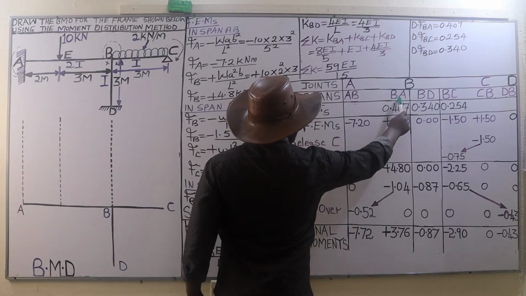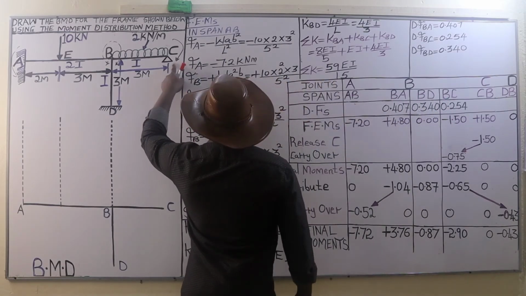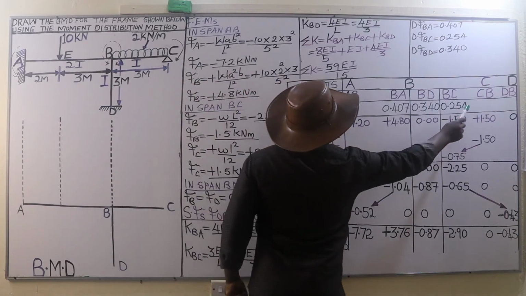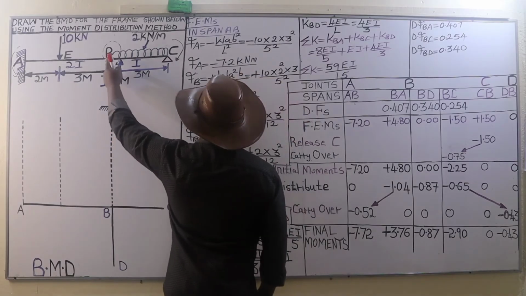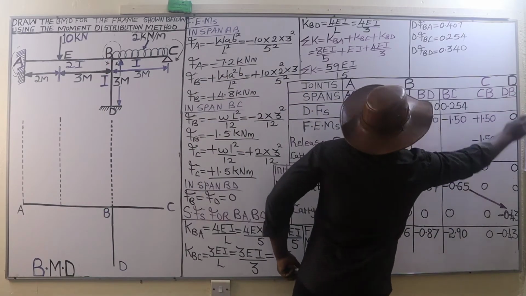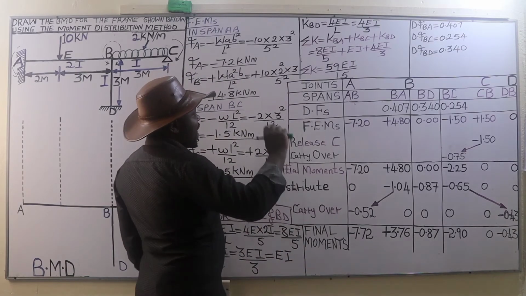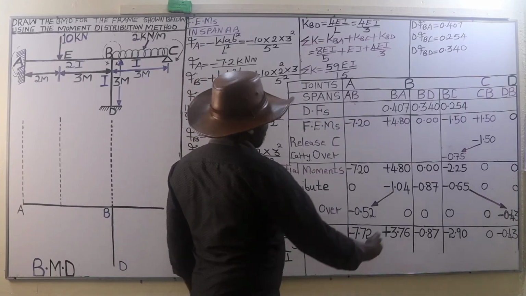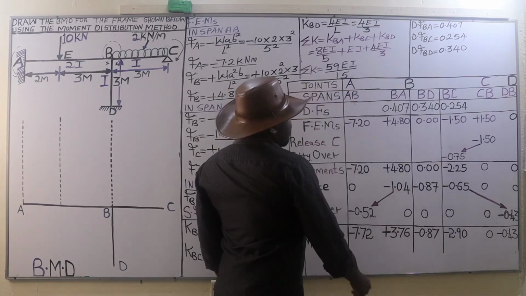For joint C, we have member CB, and for joint D, we have member DB, which is the last joint at that end. Then below the spans, we have the distribution factors, which we had already calculated. I loaded them up here.